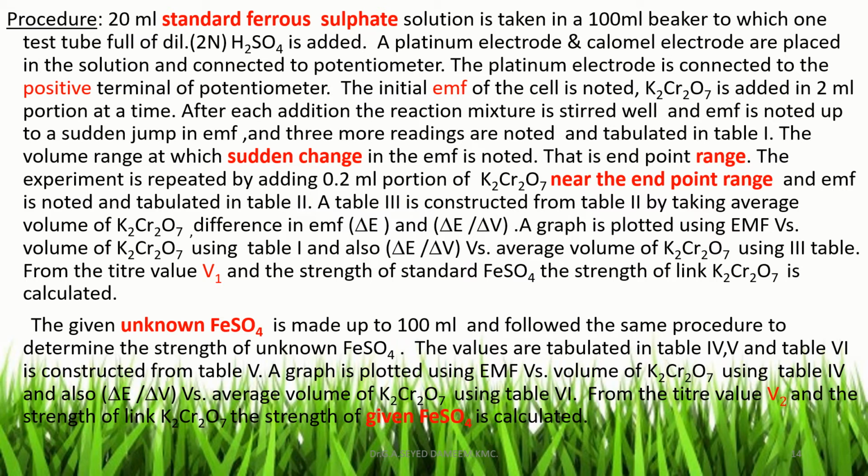The volume corresponding to the sudden change is the endpoint range, and the experiment is repeated by again pipetting 20 ml of the standard ferrous sulfate solution into a clean beaker, and the experiment is done as before, but with 0.2 ml portions of dichromate near the endpoint range.